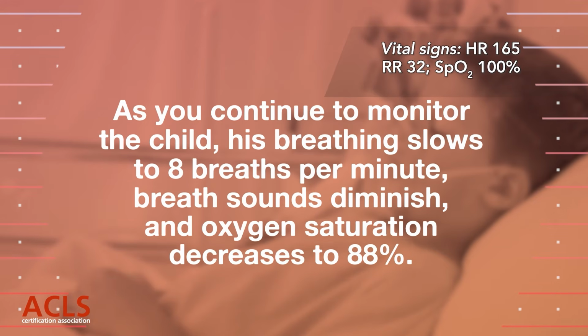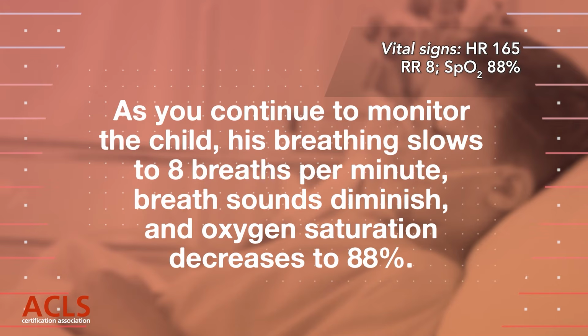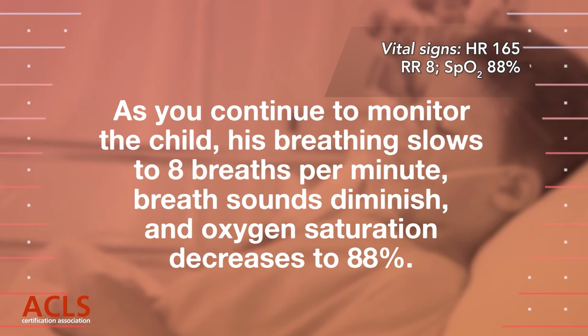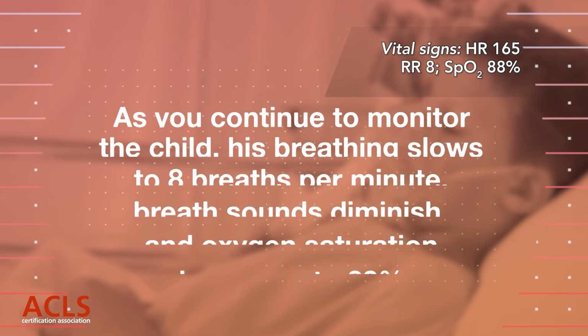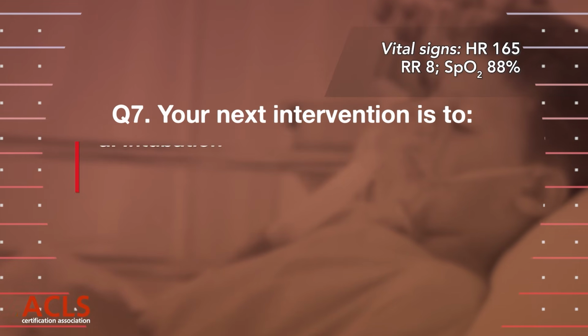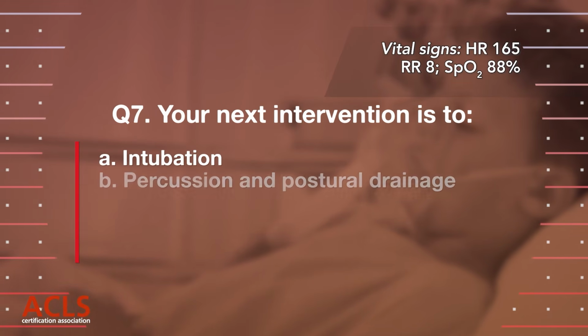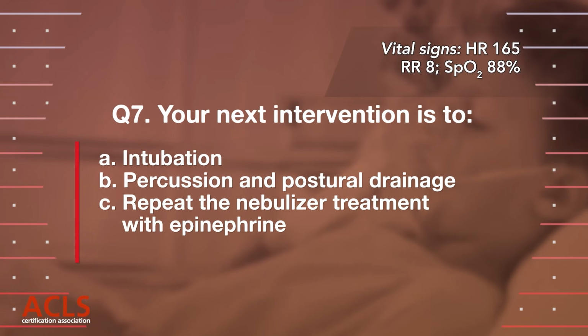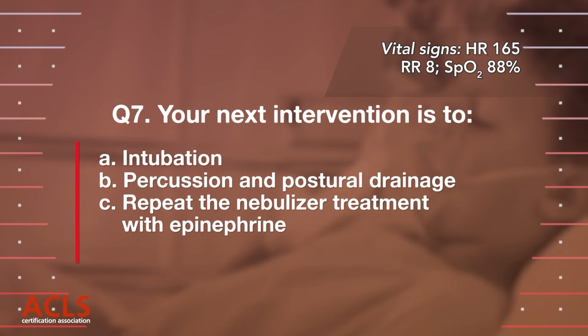As you continue to monitor the child, his breathing slows to 8 breaths per minute, breath sounds diminish, and oxygen saturation decreases to 88%. 7. Your next intervention is to A. Intubation. B. Percussion and postural drainage. C. Repeat the nebulizer treatment with epinephrine.